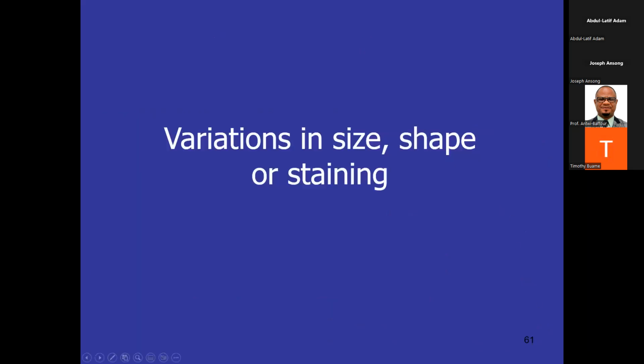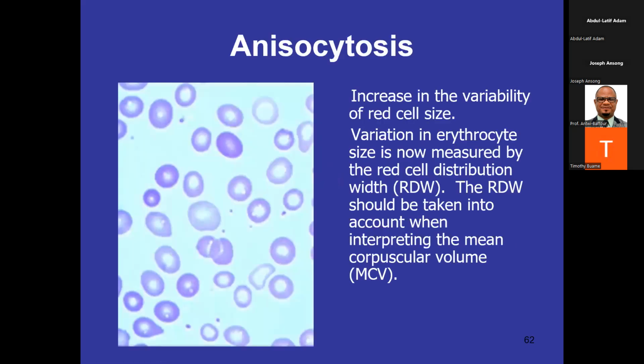You're now going to see variations in size, shape, and staining. The first one is anisocytosis. It's an increase in the variability of red cell size. So let me look at this: small, medium, large, younger, all sizes.